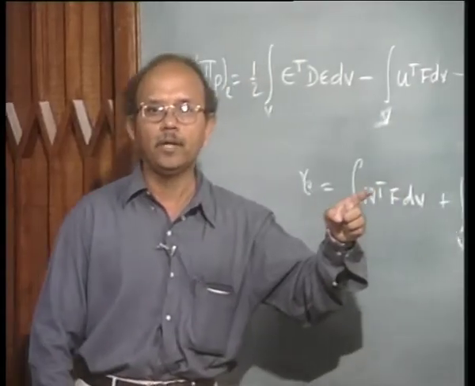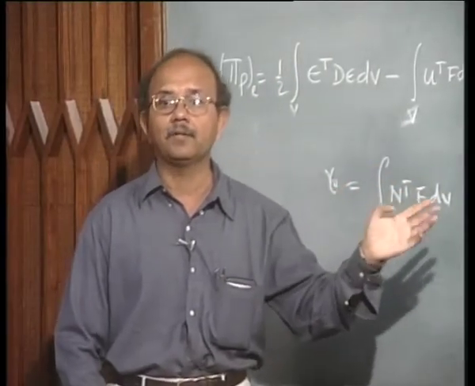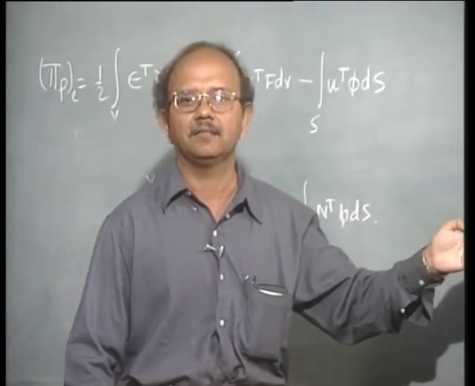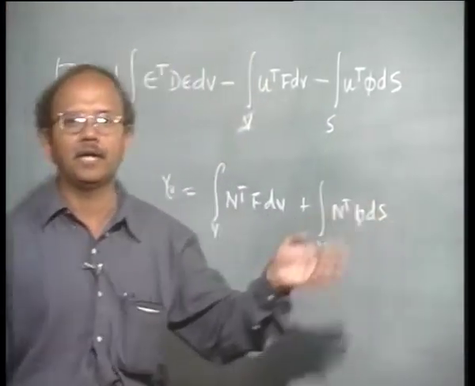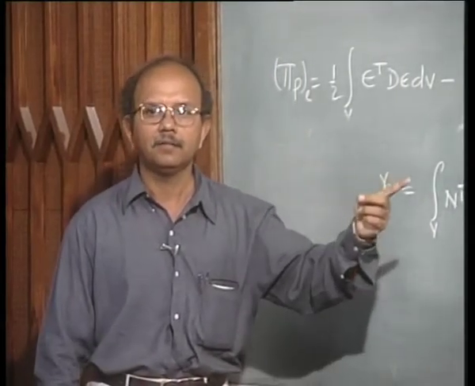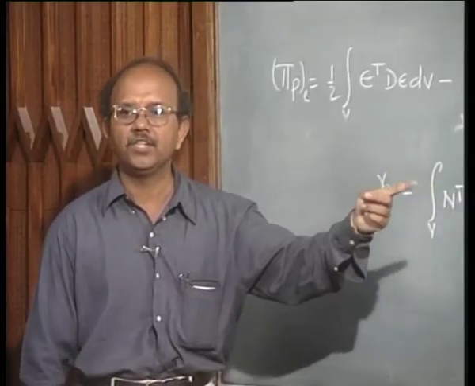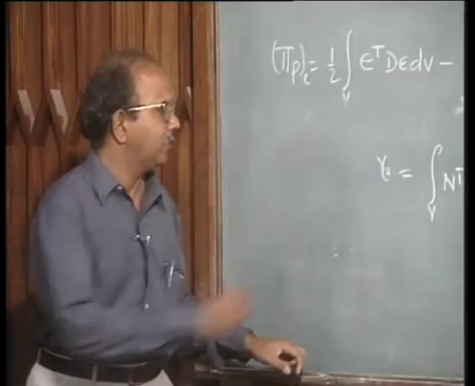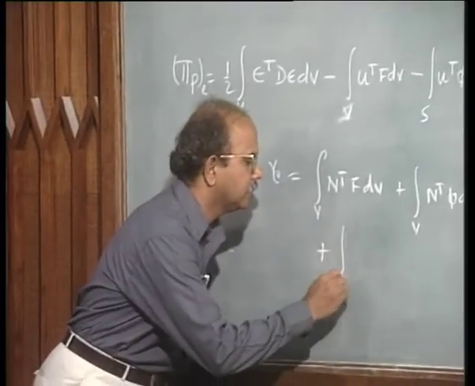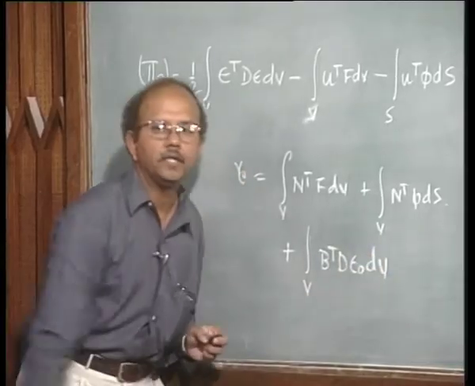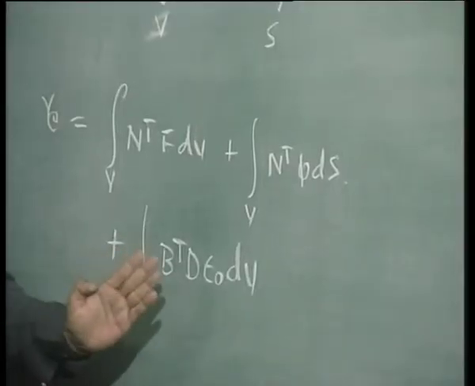When I take it to the right hand side, that will be a plus term for the initial strain. Is that clear? So, I will get plus b transpose d epsilon 0 dv. This will be for the initial strain.